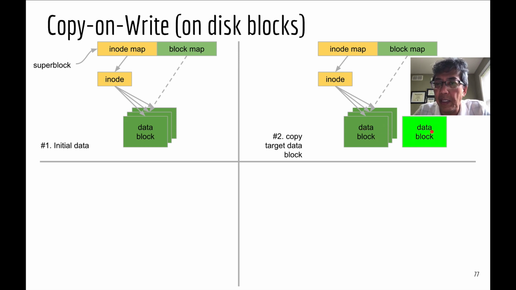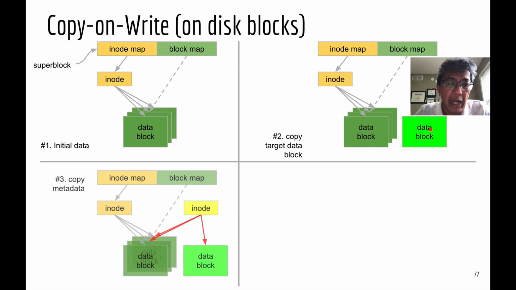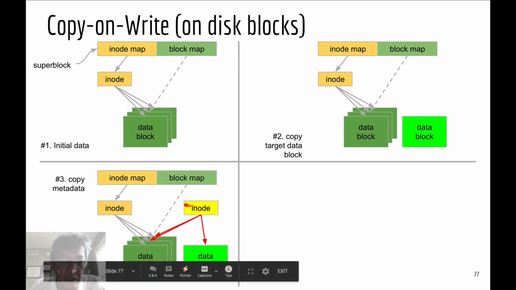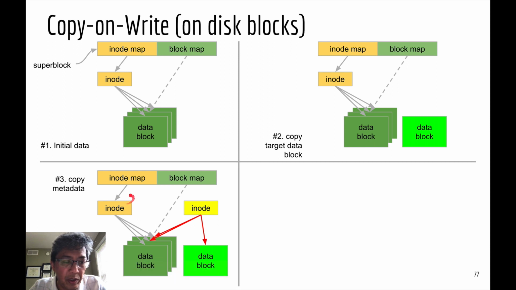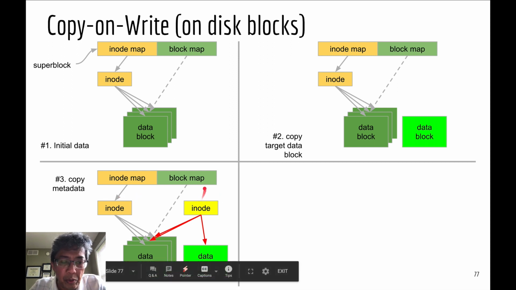And of course, because the data blocks making up the file are now different, the file system must also allocate a new inode. A new inode is created, and the information from the old inode will be copied over, and the inode will point to the old data blocks which were not altered, and also point to the new block which is the altered content of the first block.